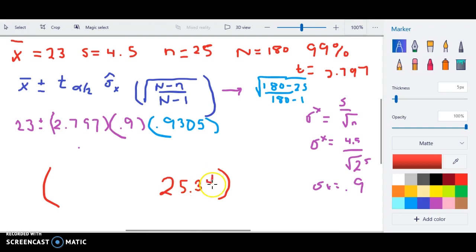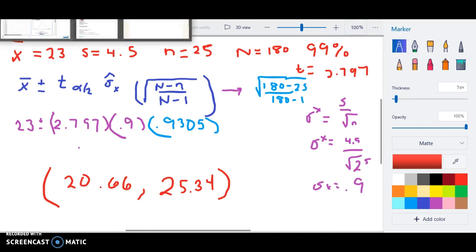And then if you do 23 minus 2.797 times 0.9 times 0.9305, you will get 20.66. Let's look and make sure that is what I had put in there.